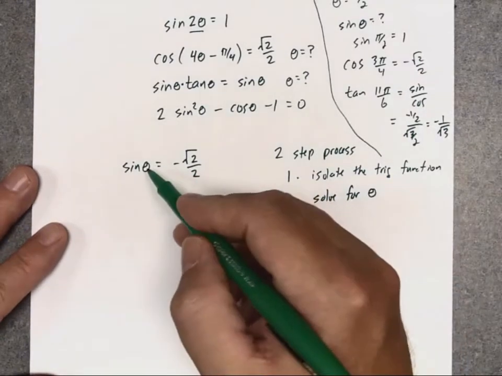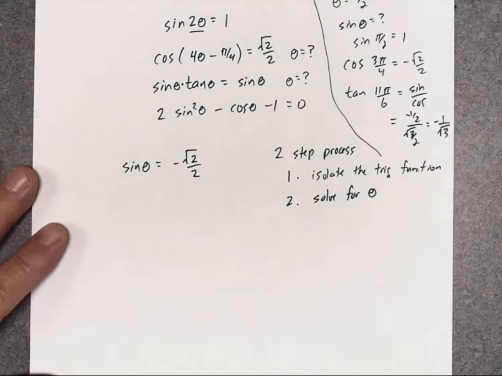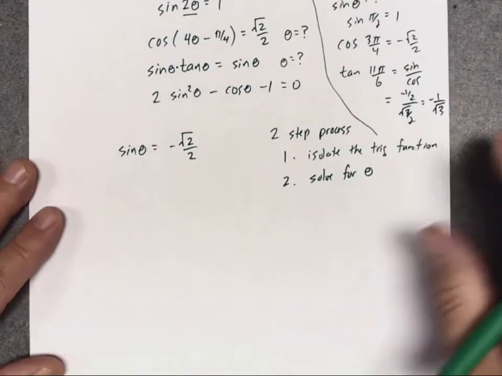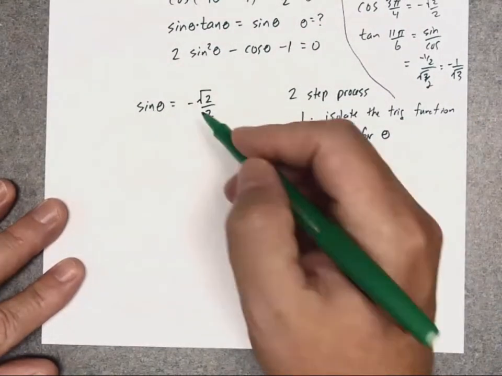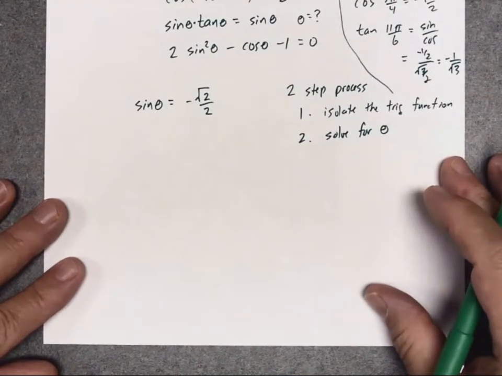So here's what we do now. Here's the question I have to ask. And let me write this question out, because this is the question we're going to ask over and over again as we're solving these trig equations.